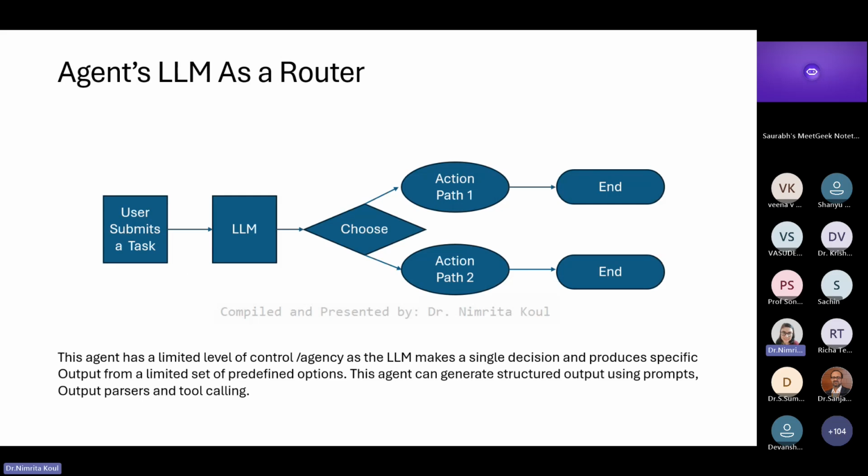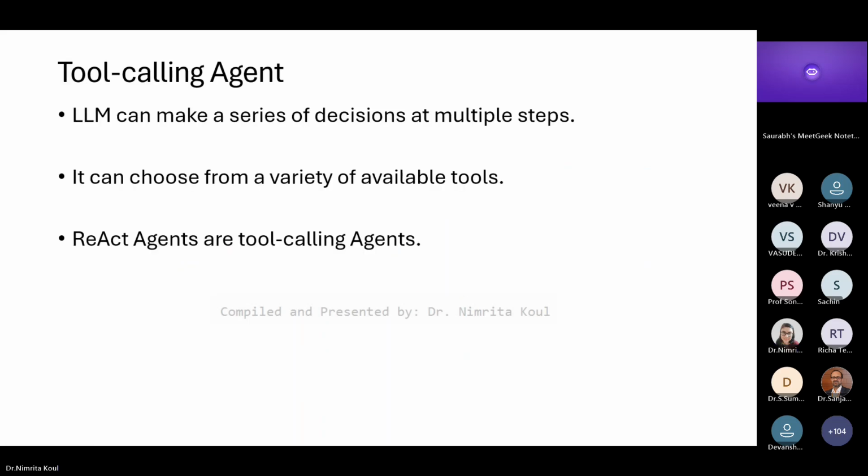This is when LLM is a router, right? So it is just making a choice between two possible routes, path one and path two. A tool calling agent is an agent which has multiple tools available to it, and the LLM acts like a router and makes a choice of which tool to use at any point in the agent's life or trajectory.